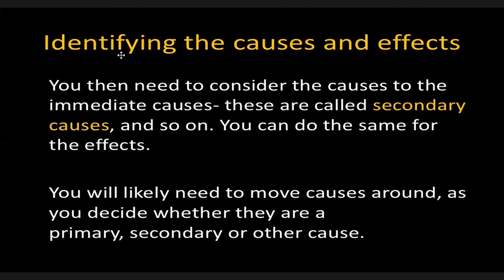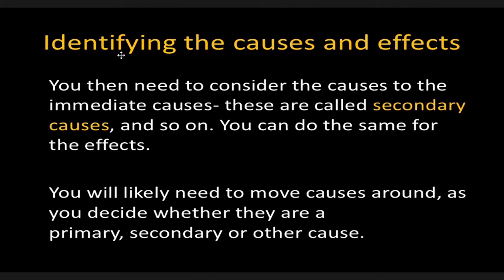Okay, so if you have that core problem, identifying the causes and effects, you also need to consider the causes of the immediate causes. So these are the secondary causes and so on. You can do the same also for the effects. So in your practice right now, and in part for the conceptual framework later, that's how it should be done.